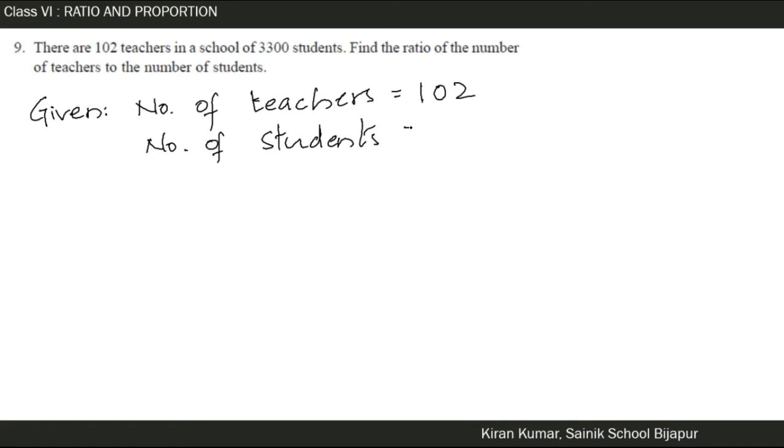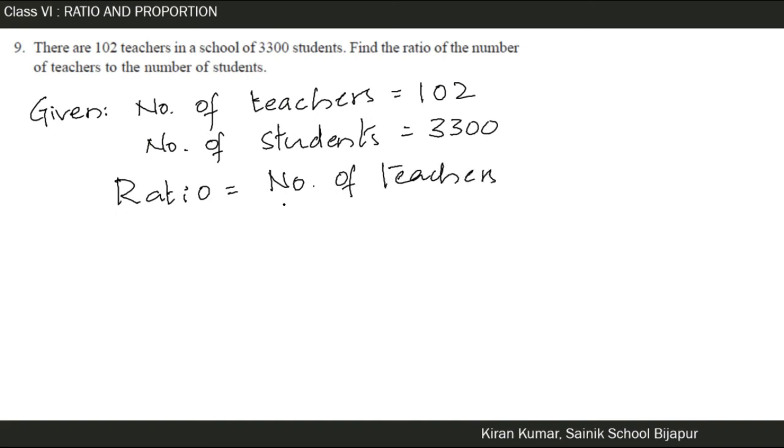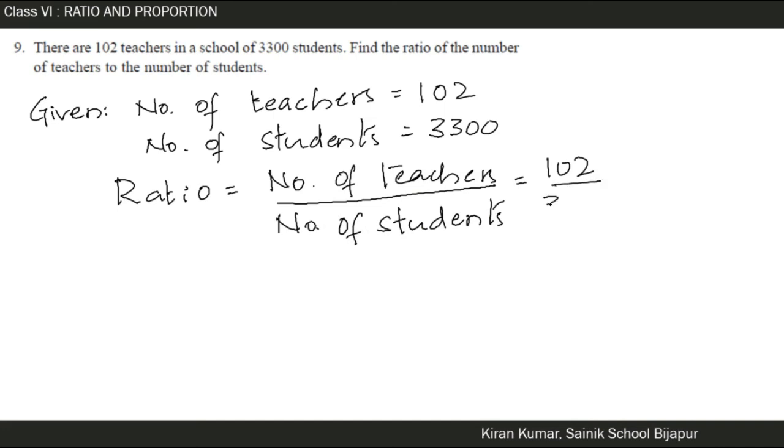The number of students is 3,300. Now the ratio is the number of teachers to the number of students, and the number of teachers is 102. Number of students is 3,300.